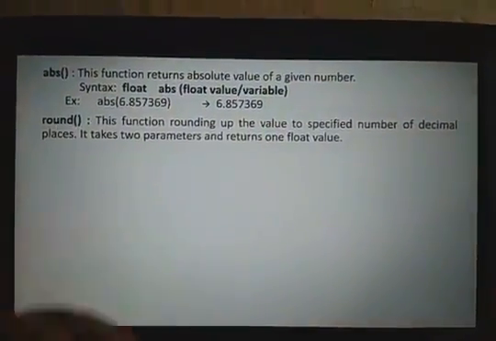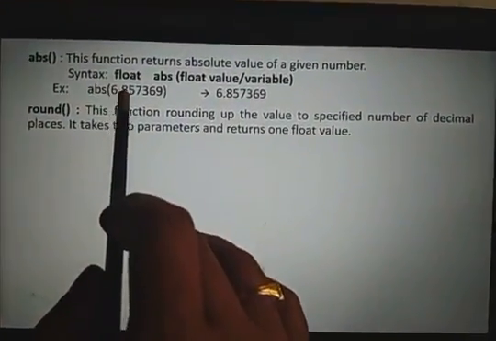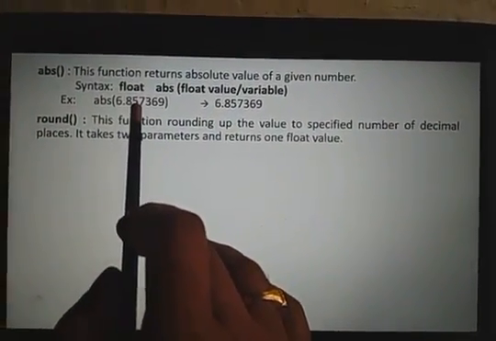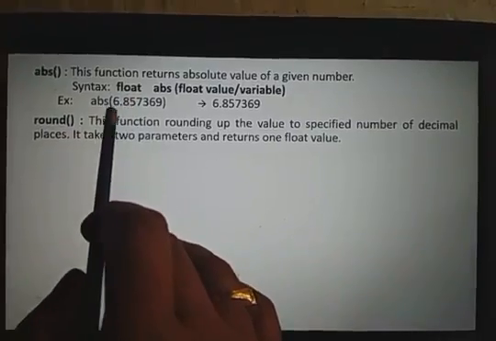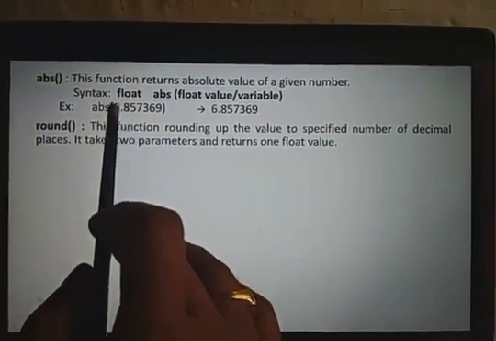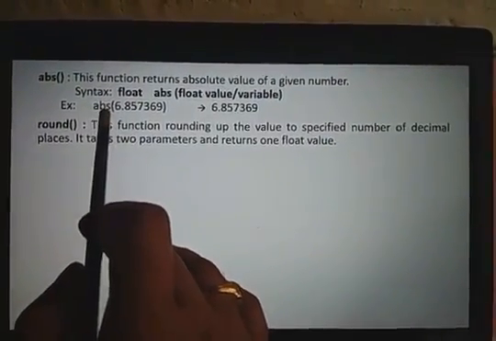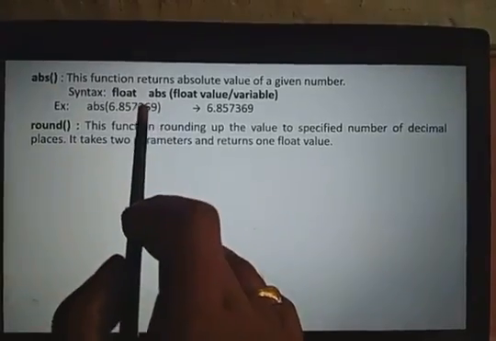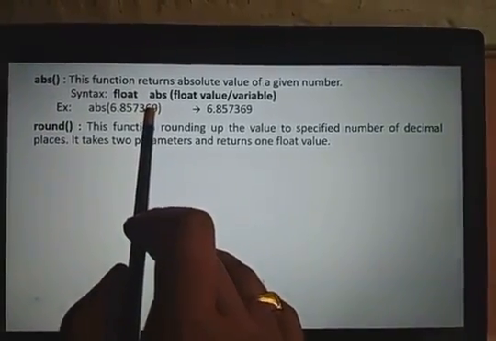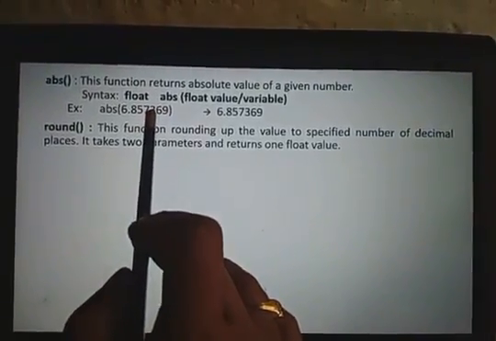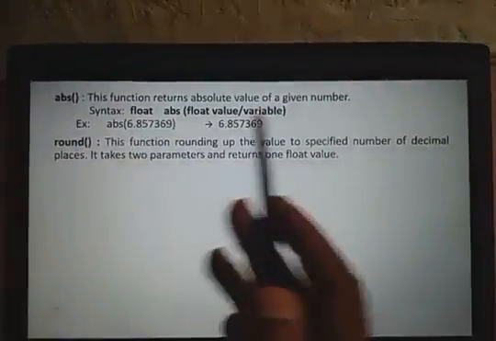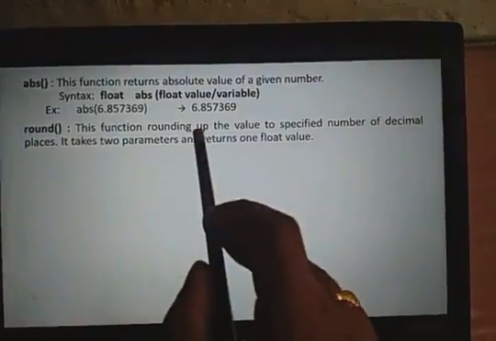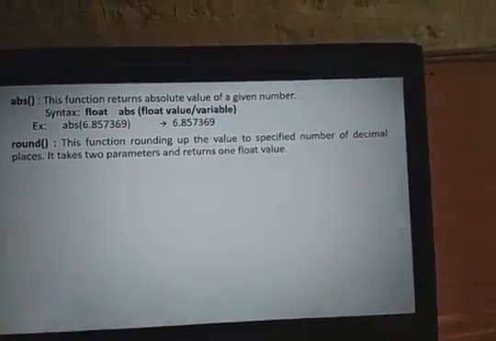Second one, roundup. Roundup means I want to round up this value. For example, 6.85 becomes 6.9 or 6.9 becomes 7. For example, 6.857369 can be converted up to here, and it becomes 7. This function rounds the value to a specified number of decimal places.